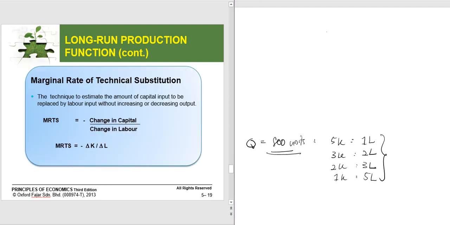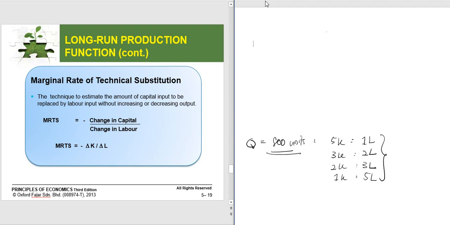Marginal rate of technical substitution here, or MRTS, is actually used to measure how much capital you need to reduce if you want to add more labor in your production. This is the concept of scarcity that you learned in your first topic, because scarcity means you have limited resources, which means you have to make choices whether you want to add more.